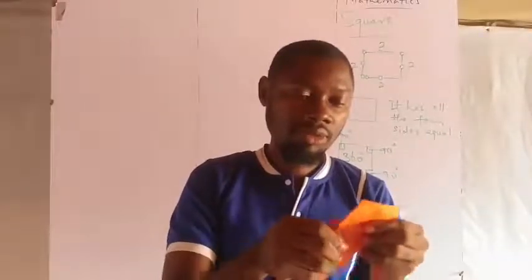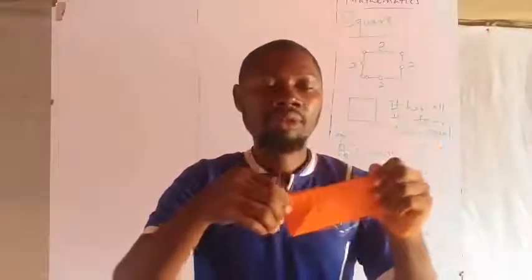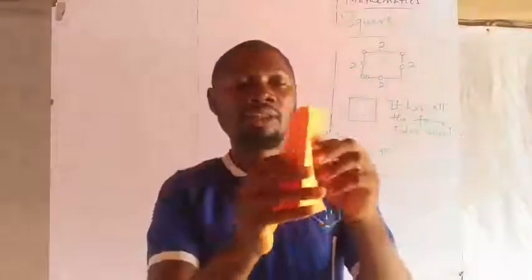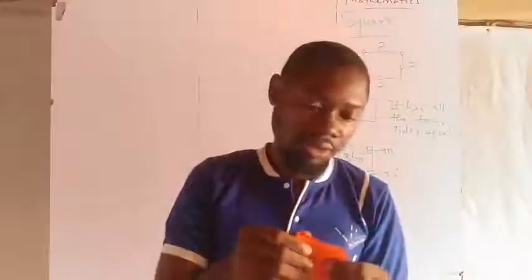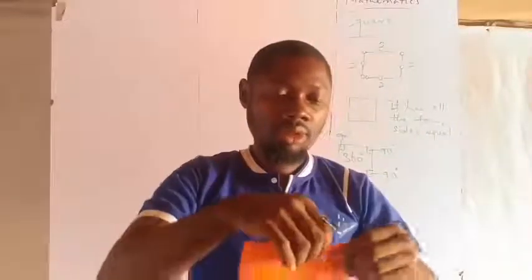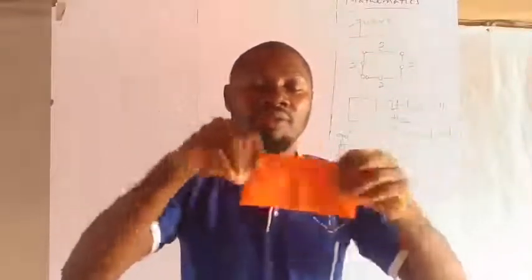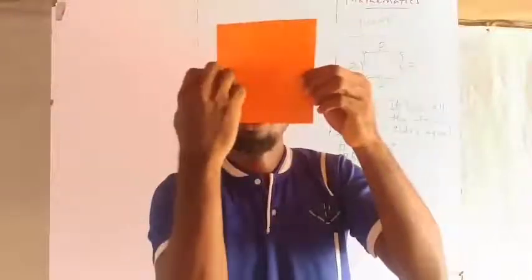This is another line. Good. So we've done 3. I'm going to do this one also. We have this. So we have 4 lines of symmetry. 1, 2, 3, and 4.